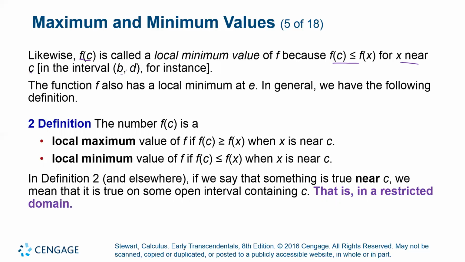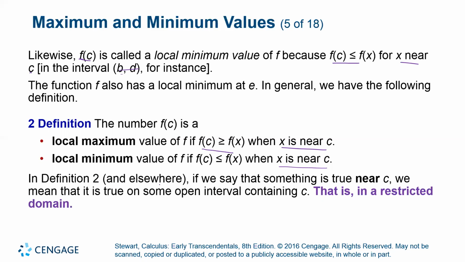If you give it a function, it has a local maximum and local minimum. Generally, this is the definition. The local maximum value of f is f of c if f of c is greater than or equal to any function value for x near c, and it is the local minimum if it is less than or equal to f of x when x is near c.